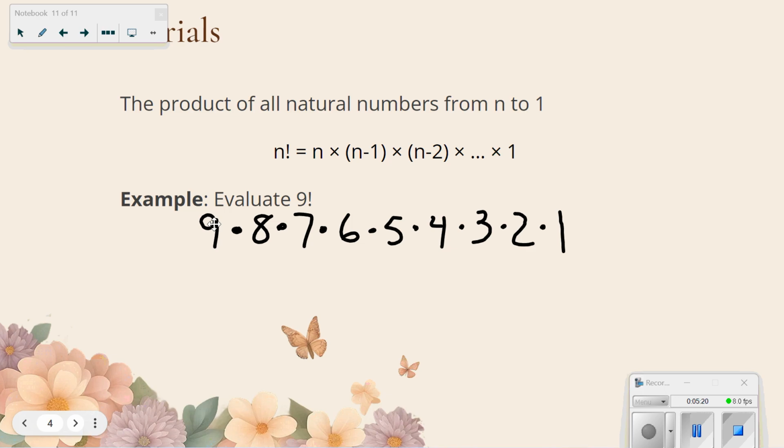So first, we are always going to hit the value, which is going to be a common theme for today. So I'd hit 9, and then you go to math, scroll to the right for PRB, option number 4, then you would see 9 exclamation point, which means 9 factorial, hit enter, and you'll get that value.